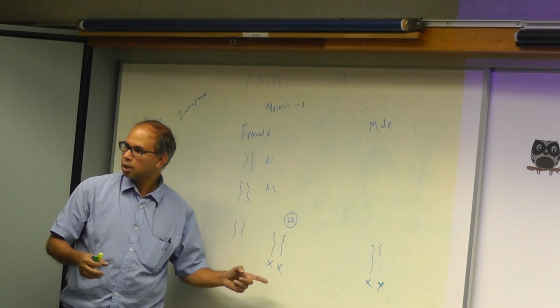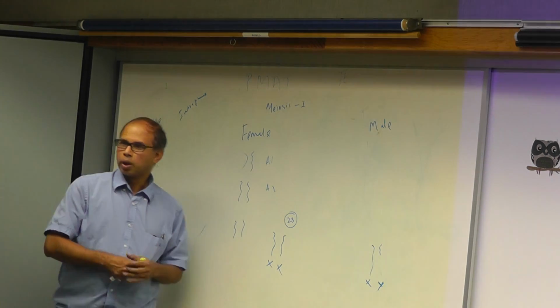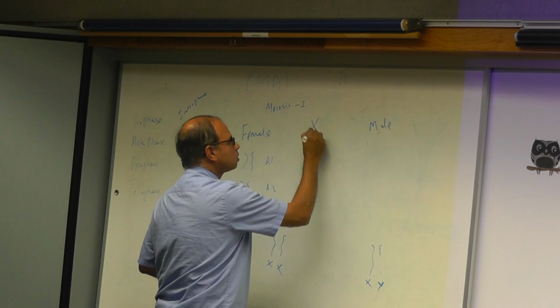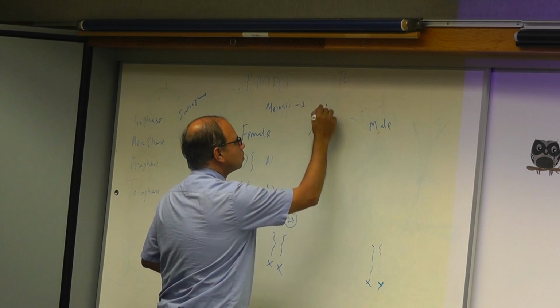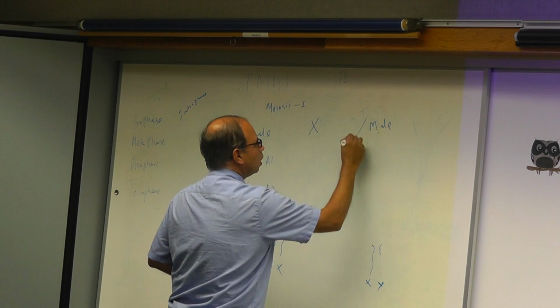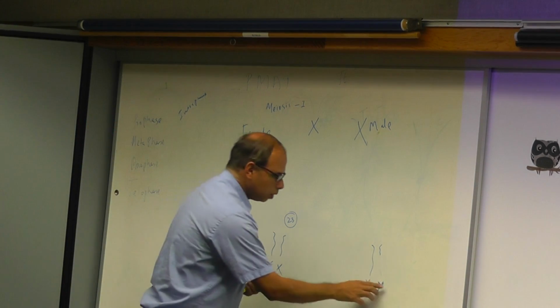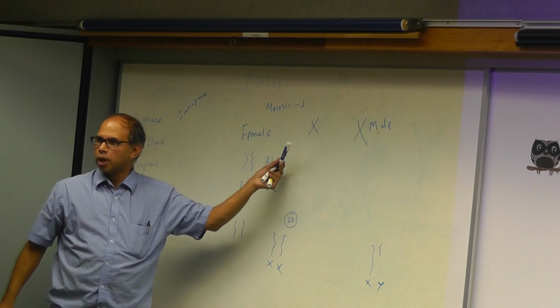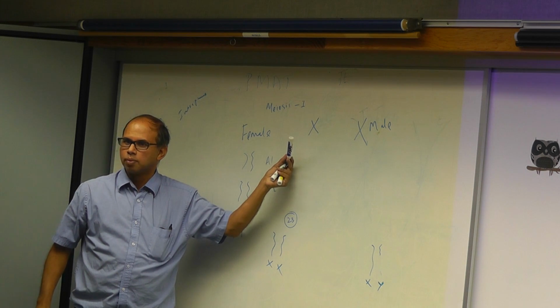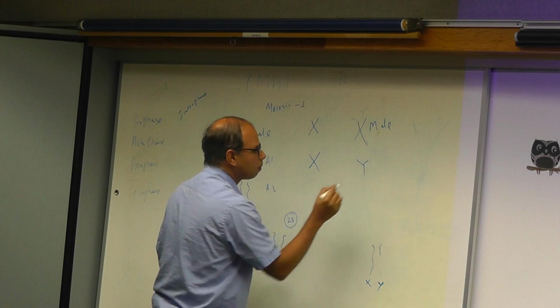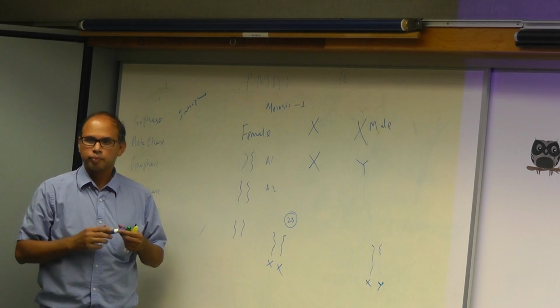It's still X, right? So from the female you have an X and the other one is an X. Now, if you're a male, what would you get? You could get an X or you could get a Y, right?